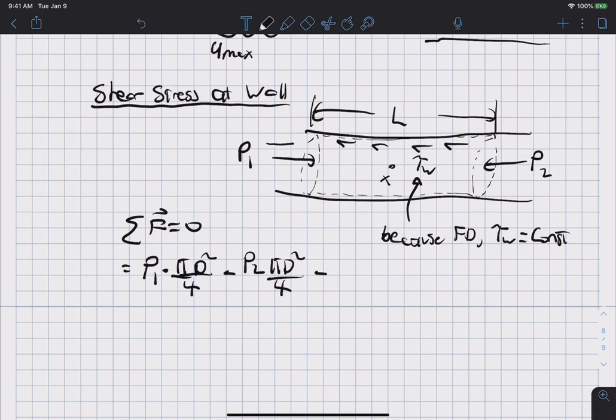So here I'm assuming that there's a flow going from left to right, and so there's a shear stress that is opposing that flow, and so that would be some tau wall times the surface area of this piece here. And so that would be L times 2 pi r. Or I should actually write that as pi d.